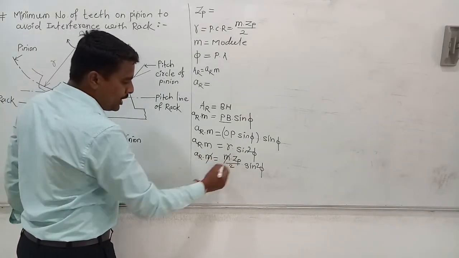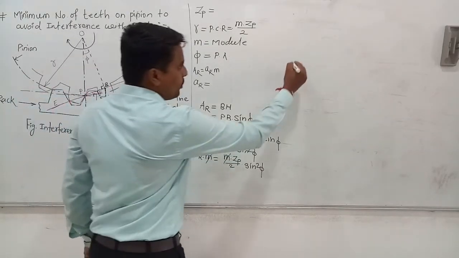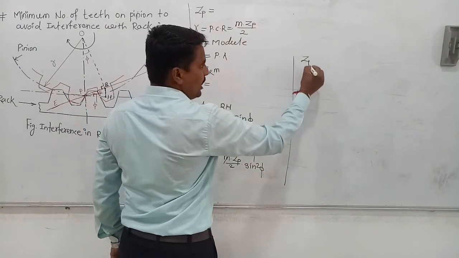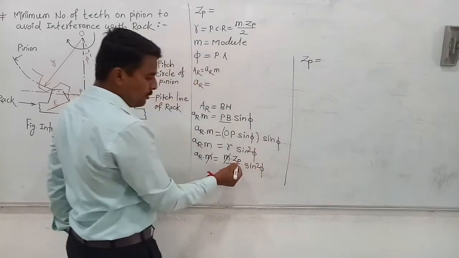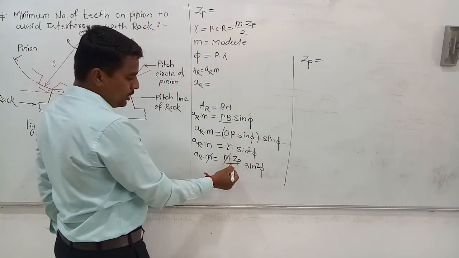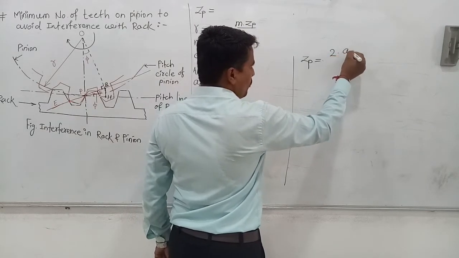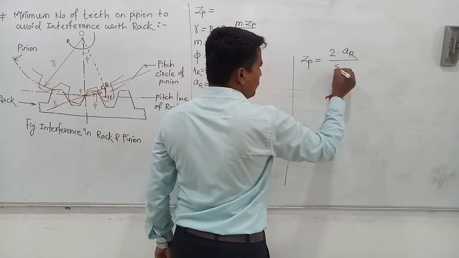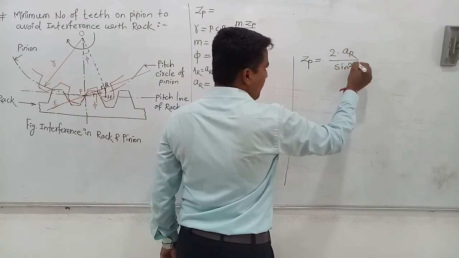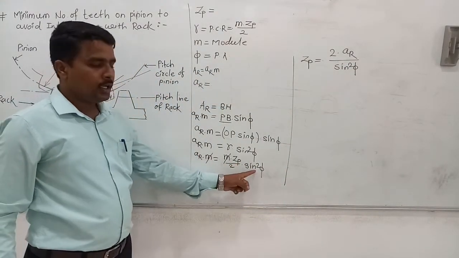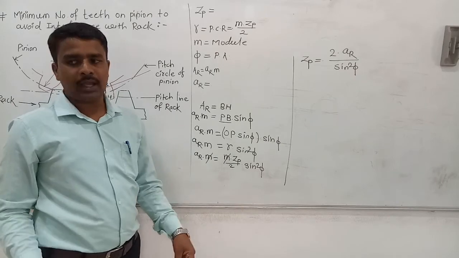So here value of Zp we have to write from this equation. Modifying this equation, we can write value of Zp, minimum number of teeth on pinion, is equal to 2 into AR divided by sine square phi. Correct? Zp is equal to 2 AR by sine square of phi.